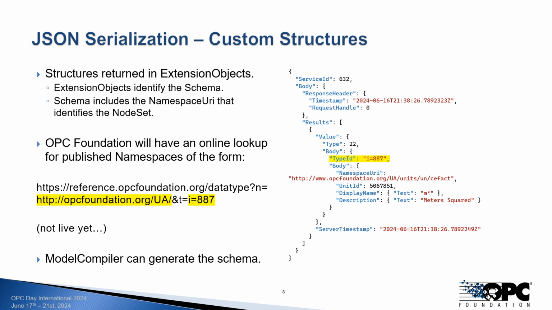But for now, you can just take this information and go get the node set that gives you your data type definitions, which gives you the metadata you need to understand all of the fields that could be in the structure that you got. So we've got this very nice mechanism to go from a generic framework like OPC UA and be able to access the information you need to understand vendor-defined or application-specific extensions that are embedded within the messages. And of course, the model compiler has been updated to be able to generate these schemas as required.